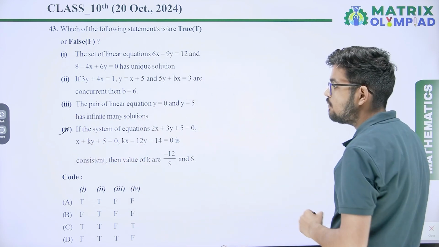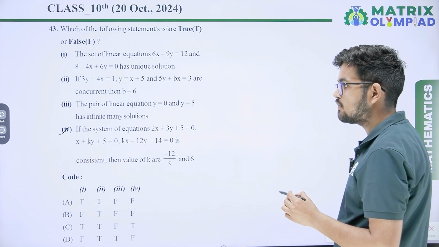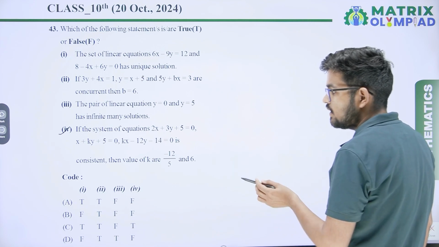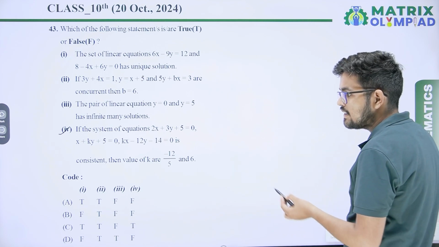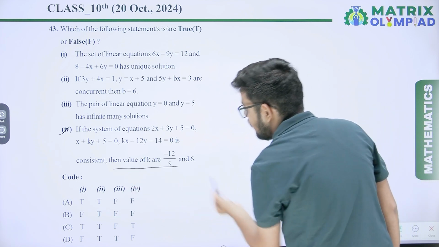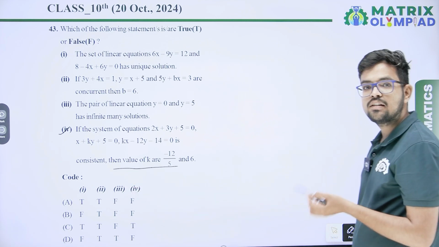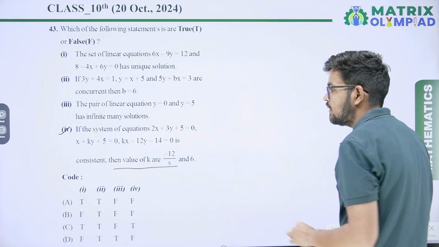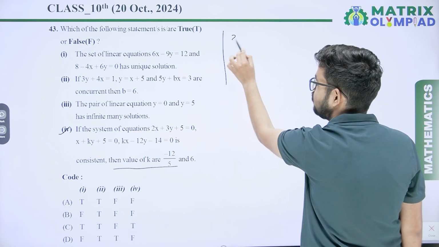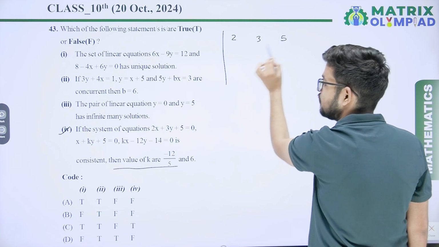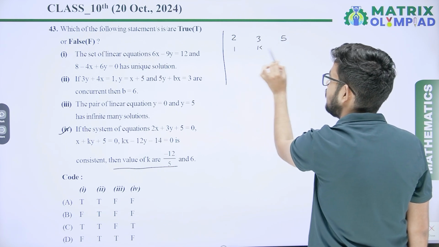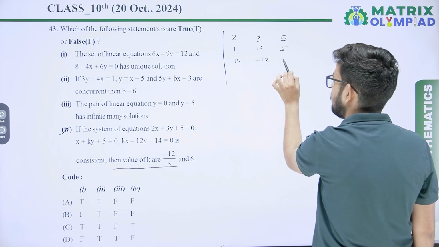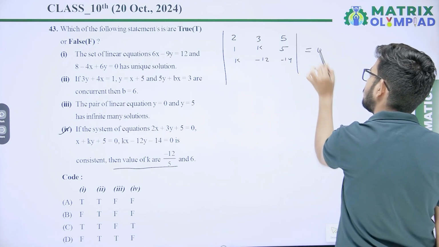Fourth, if the system of equations 2x plus 3y plus 5 equal to 0, x plus ky plus 5 equal to 0, kx minus 12y minus 14 equal to 0 is consistent, then the values of k are minus 12 upon 5 and 6. Okay, so first of all we will write it in matrix form. After that we find the determinant. So the determinant is 2, 3, 5, 1, k, 5, k, minus 12, minus 14, and it will equal 0.